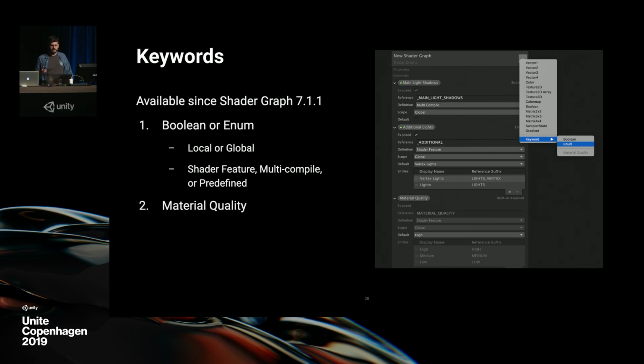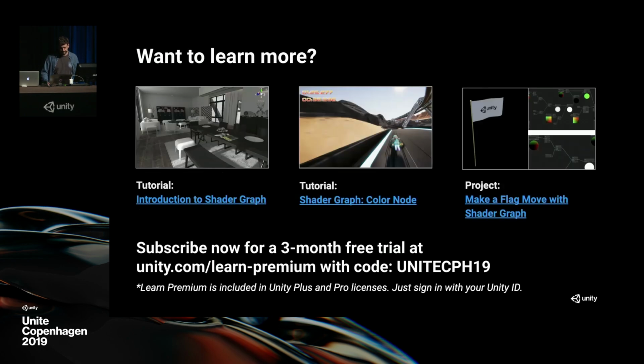And then in your graph, you can create a branching path. So basically, you can have a graph that adapts to the level of detail or the custom effects that you want to do, depending on what the level of quality is. This level of quality, as I said, is usually set by the pipeline, and you can expose it to the user, so the users can potentially switch level of quality globally for your game, and then your shaders will react accordingly.